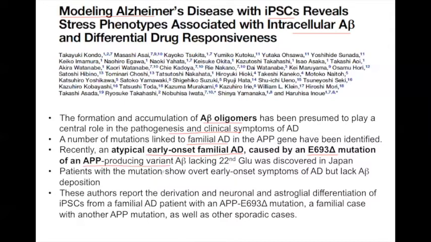So patients who carry this particular mutation show early onset symptoms of Alzheimer's disease, but lack A beta deposition. So what they've done is they want to understand how this mutation causes Alzheimer's disease.